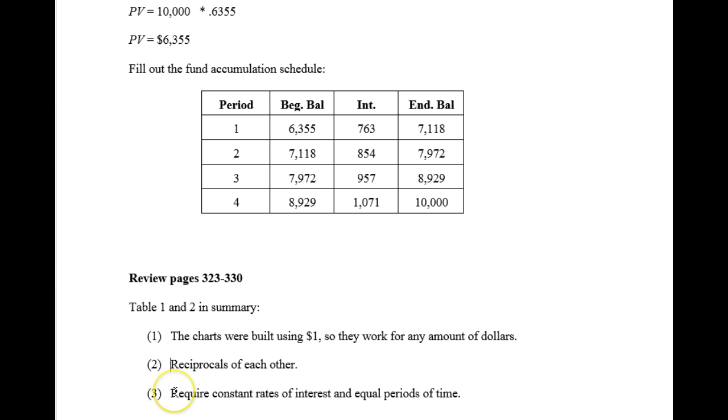And in order for those tables to work, it requires a constant rate of interest and equal periods of time. We use 12% without changing. We use periods of a year without changing. These are things that the tables require. Now review pages 323 to 330 and see if all of that makes sense.